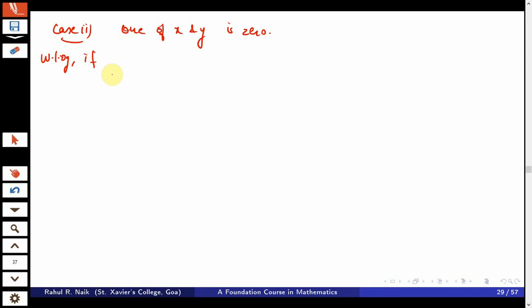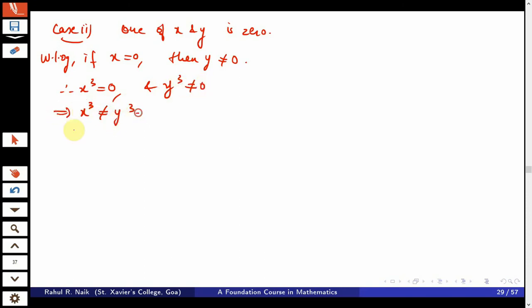If one of them is 0, the other one has to be non-zero. So if I assume x to be equal to 0, then y is non-zero. Therefore x cube is equal to 0 and y cube will be non-zero as y is non-zero. This says that x cube is not the same as y cube, and therefore f of x is not the same as f of y.